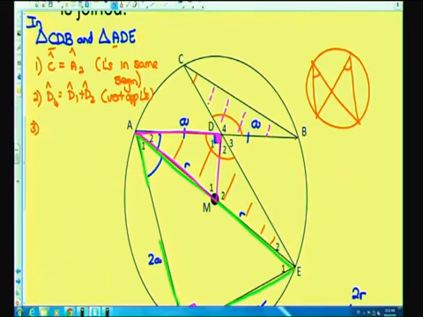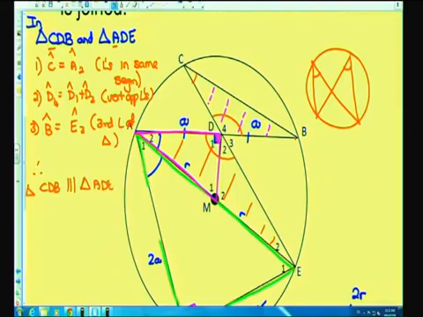And then the third one is automatic, so we can say angle B equals angle E2. And there's a reason as well, but I'm just going to say third angle of triangle. And therefore, CDB is similar to triangle ADE. Reason angle, angle, angle, or equiangular triangles is also fine.